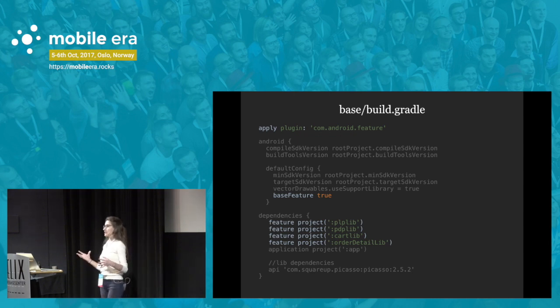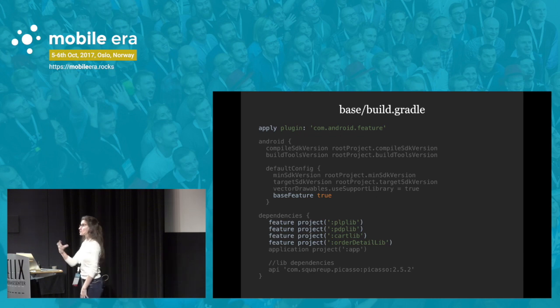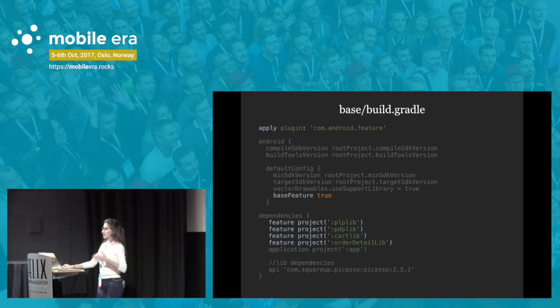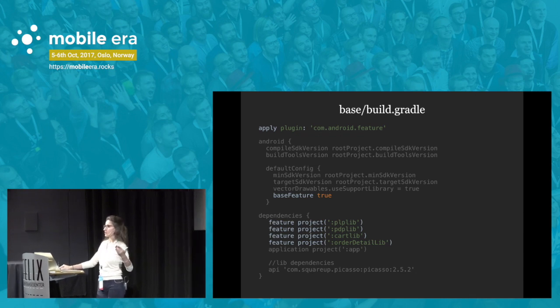It tells the application that the base module is basically the man in the room. This is where most of the stuff should live. This is the source of truth. And in the dependencies block, we have to specify all the features that would depend on the base module. So in our example, if you remember from the screenshots I provided earlier, it was PDP, PLP, cart, and order detail page.